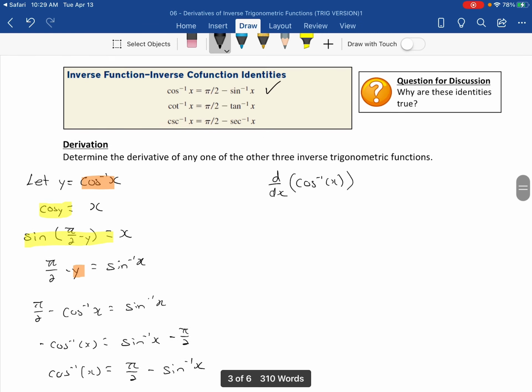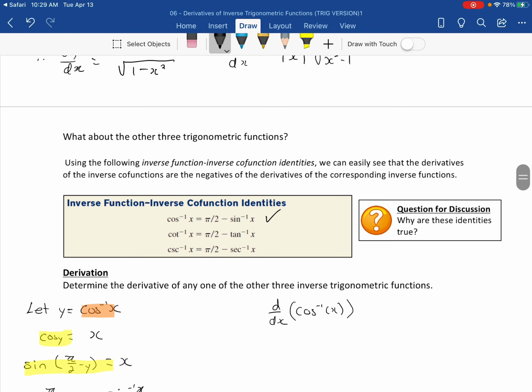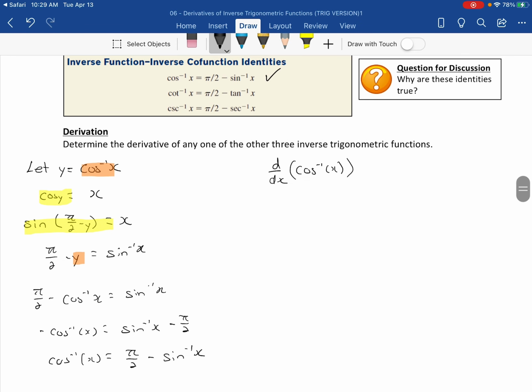But using the inverse cofunction identities, I can replace cos inverse with what I know cos inverse to be, which is pi over 2 minus sine inverse. And so what I get is d by dx of pi over 2 minus d by dx of sine inverse.